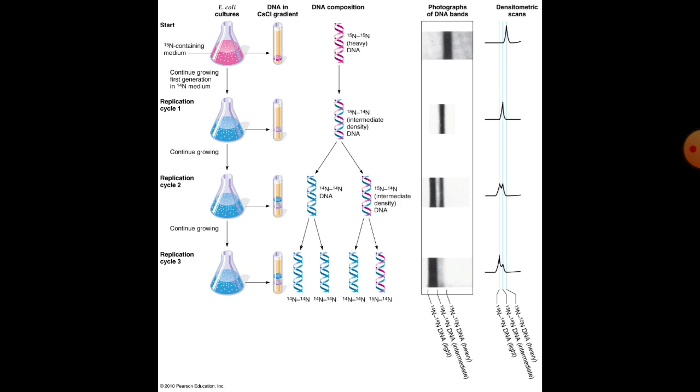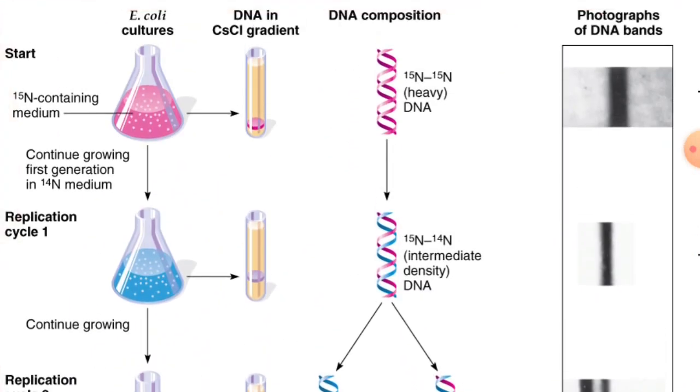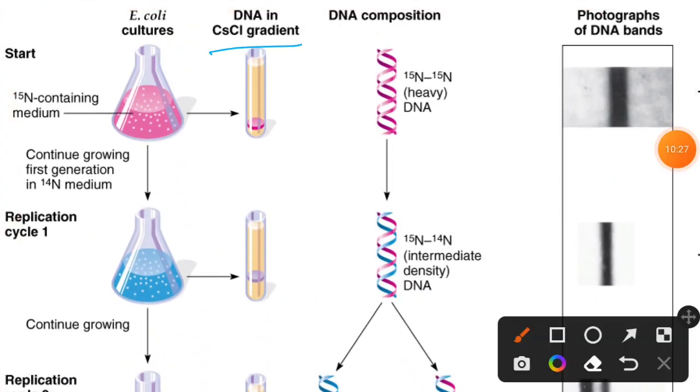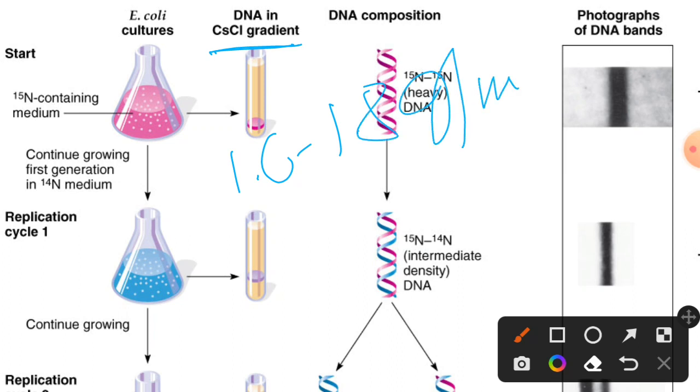Now the question is why we are using cesium chloride. We are using cesium chloride because, remember, at 1.6 to 1.8 gram per milliliter, the density of the cesium chloride will be equal to the density of the DNA. What does it mean?